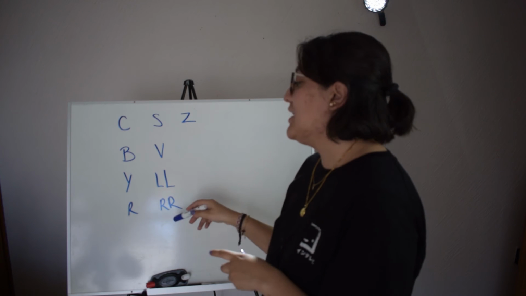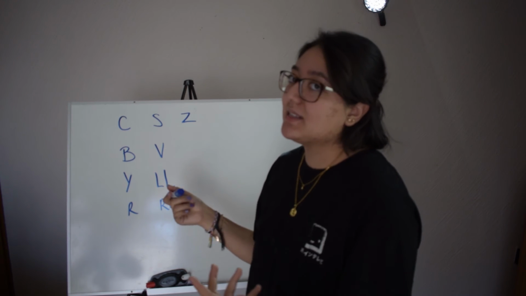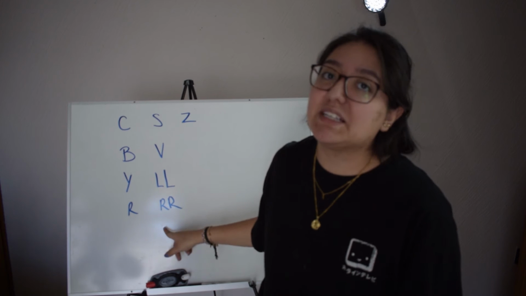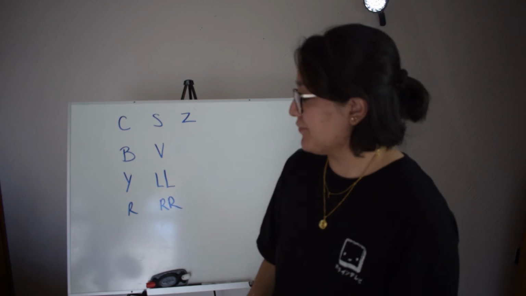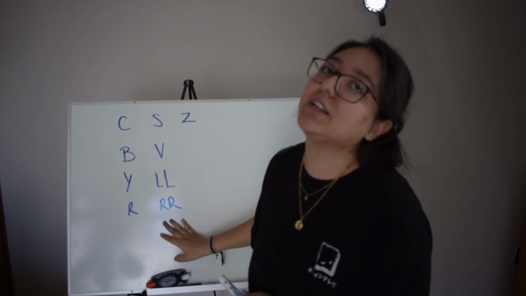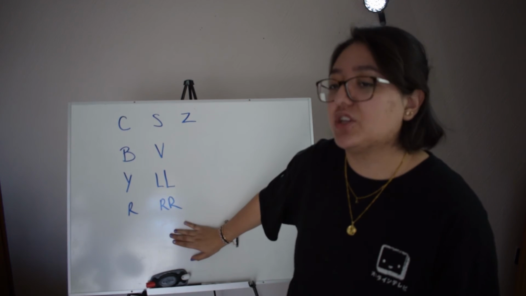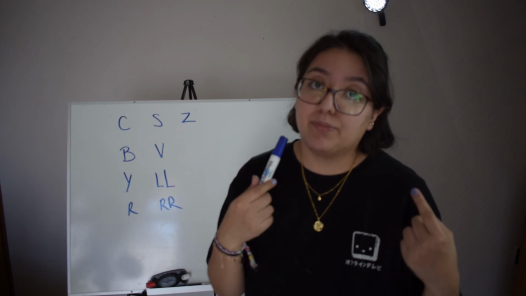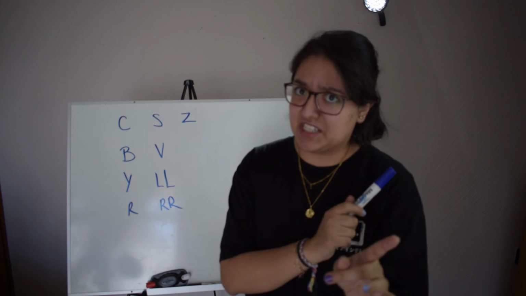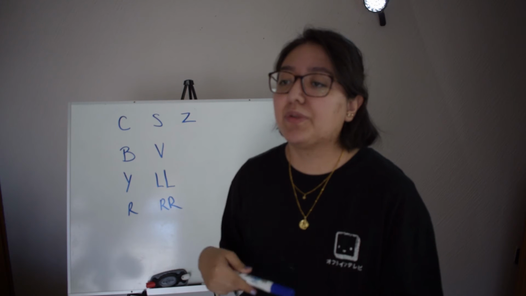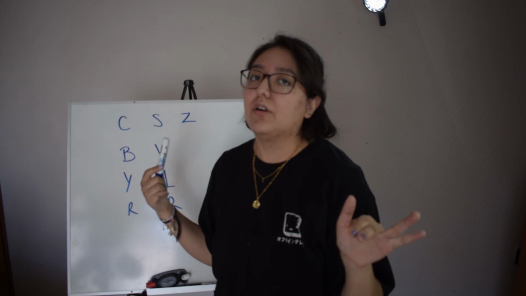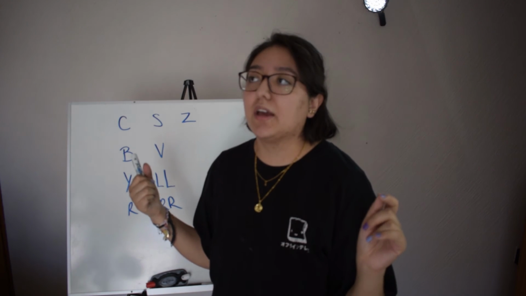What happens with this is that one of them makes the other stronger. I know there's a lot of non-Spanish speakers that have problems, especially with double R, and if your first language is English, you will pronounce it like, I don't know, like.